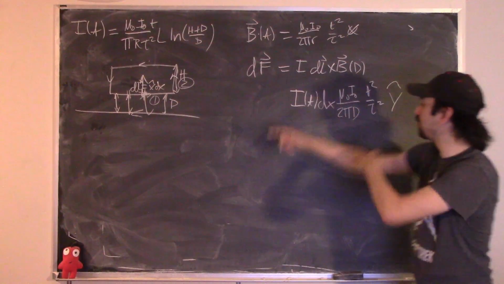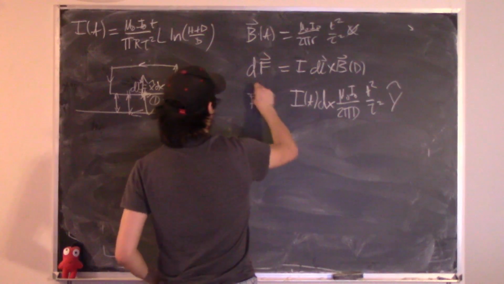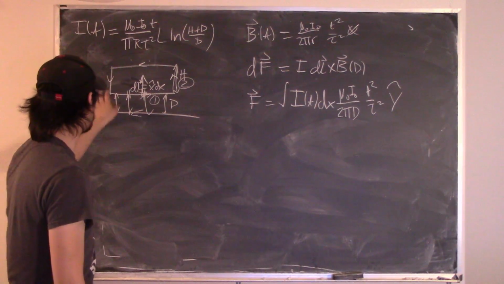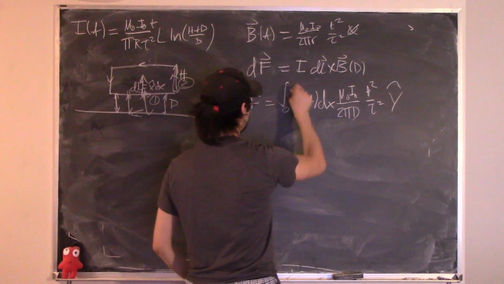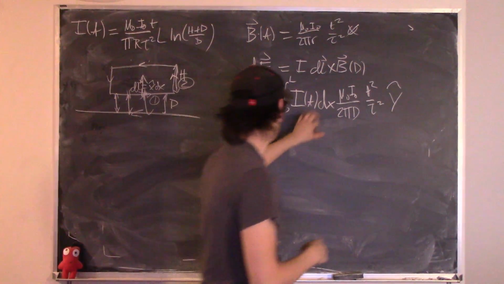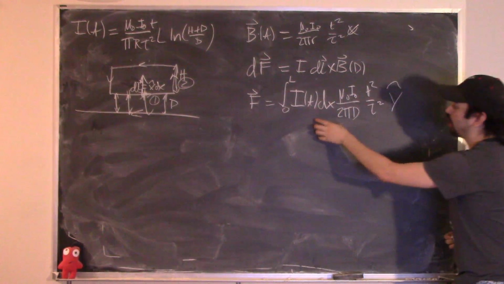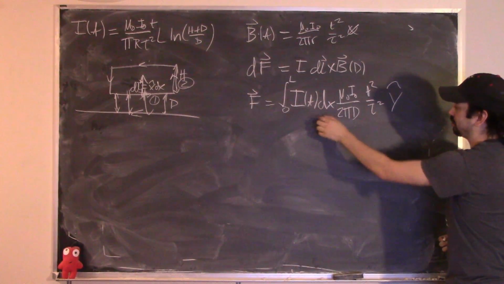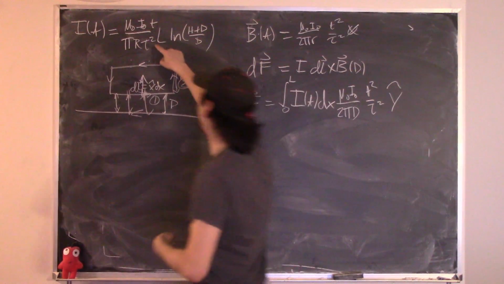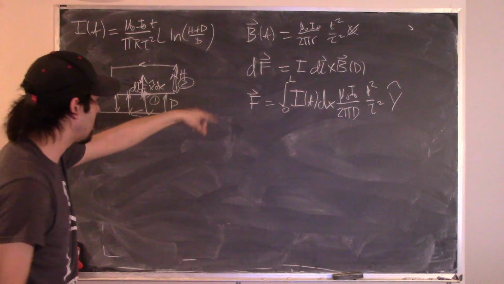Now, in order to find the total force, I just need to integrate this with respect to x from 0 to L. When I look at this, everything in this integral is independent of x. This isn't dependent on x, and this I of t is not dependent on x.